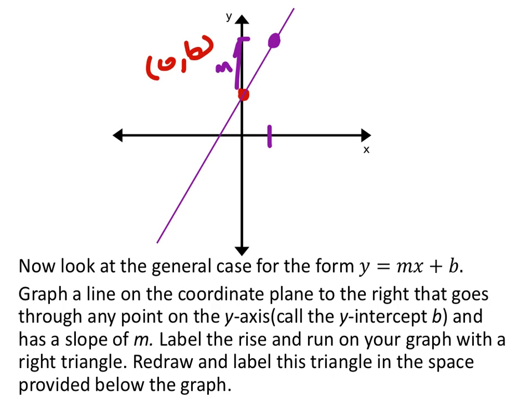And we've got this line going through these two points. So what I have then is a right triangle like this with a rise of m and a run of 1.